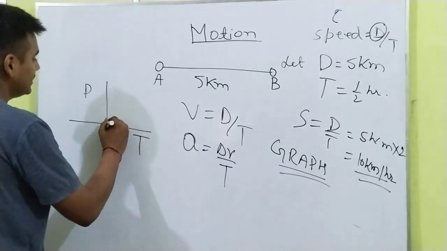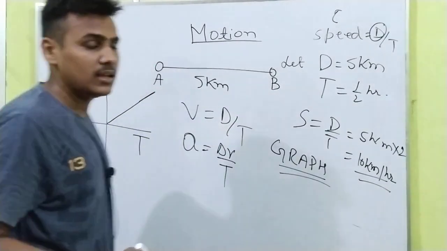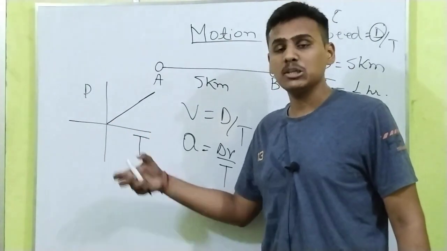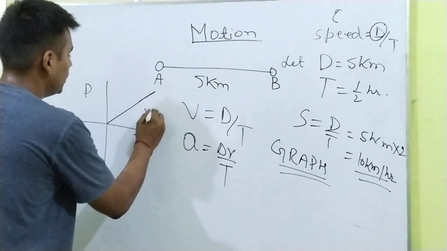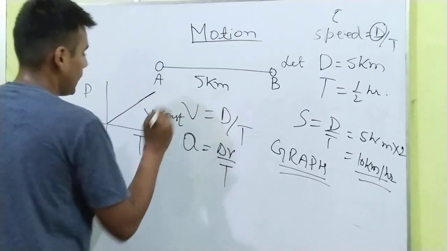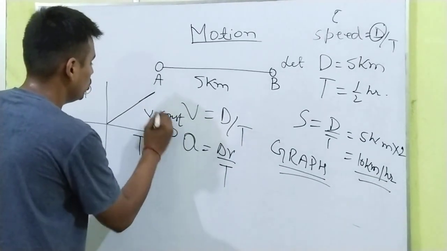You will find this graph is in a straight line motion. Uniform motion means the particle changes its position in equal time intervals. In this displacement time graph, velocity will be constant. When velocity is constant, then acceleration will be 0.